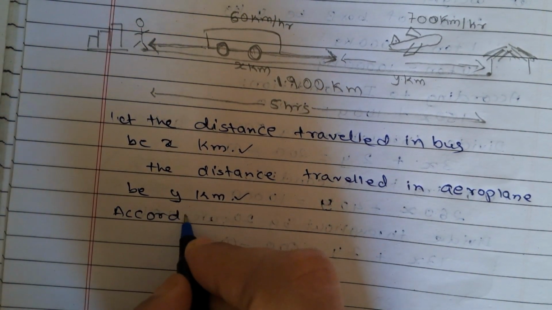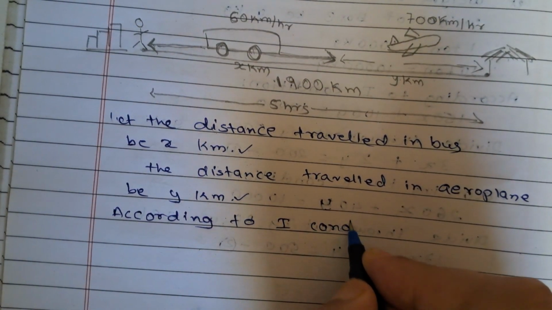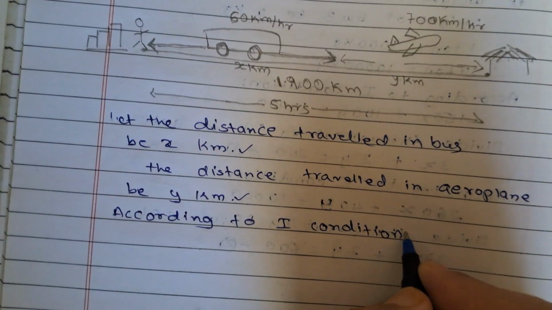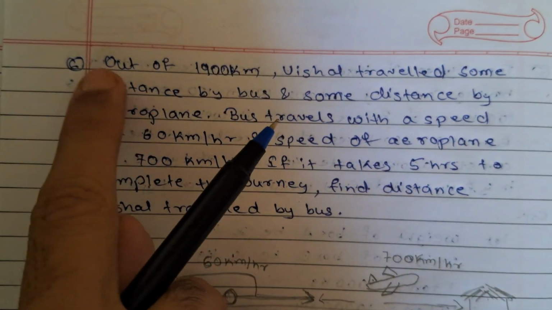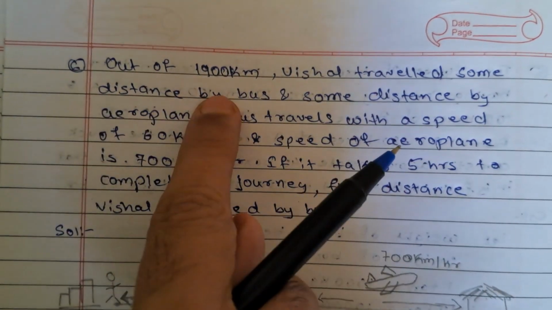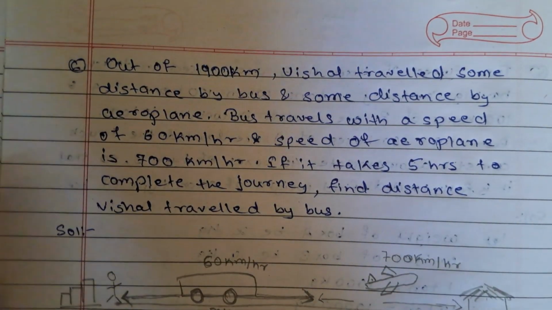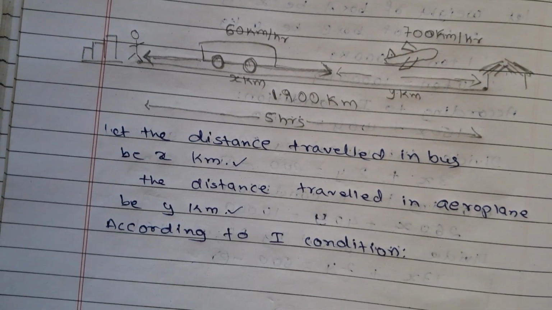So I will write according to the first condition. Let me glance back at the main question once. The question begins by saying, out of 1900 kilometer, Vishal traveled some distance by bus and some distance by aeroplane. So the complete distance was 1900 kilometer, right? That was the very first condition given to me.